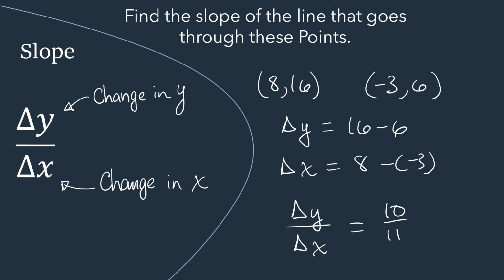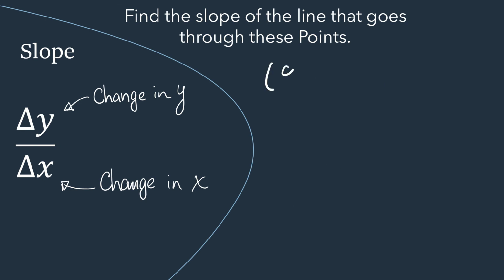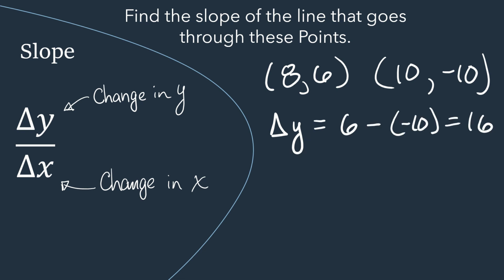Let's consider another pair of points real quickly, just another example. So here are my points. I encourage you to pause the video now and find the slope on your own. And then again, looking at the change in y, we've got 6 minus negative 10, which is going to be a positive 16.